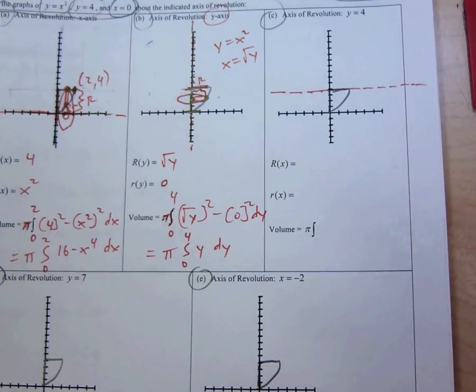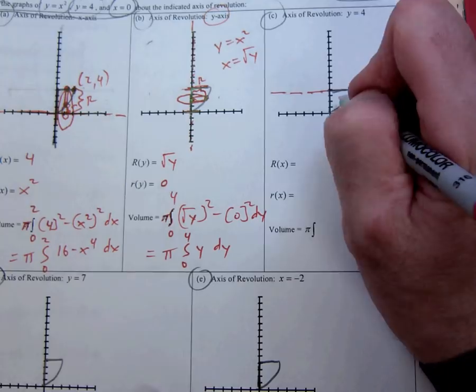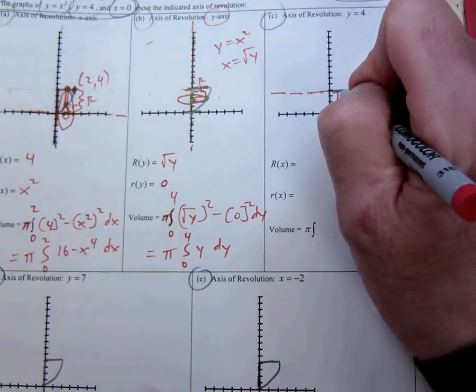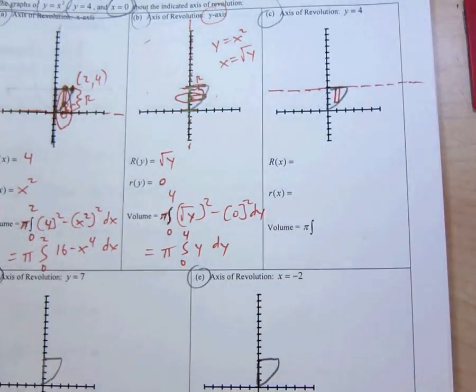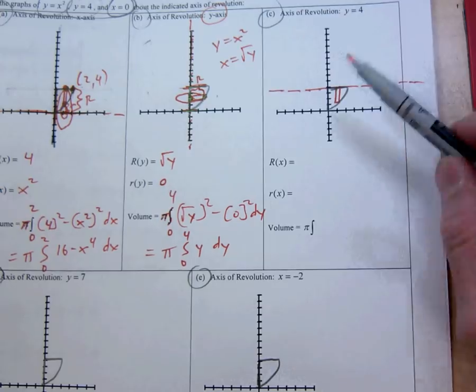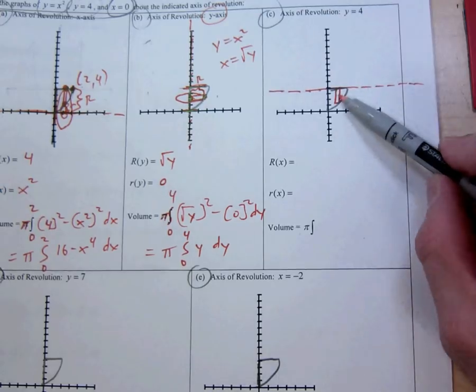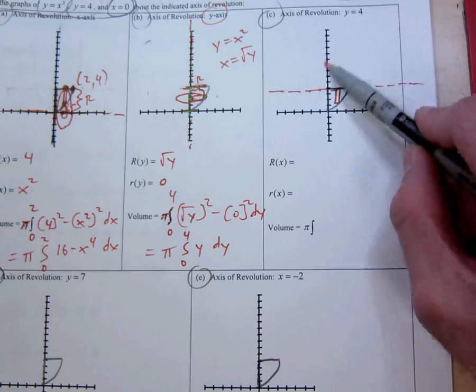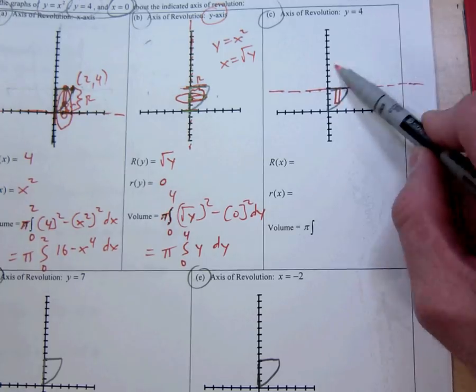Your representative rectangle. Where does it always go? Inside the region, perpendicular to your axis of revolution. So there it is. There's my rectangle drawn inside the region perpendicular to the axis of revolution. Now remember, you're rotating this region and that rectangle around way up here, around the line y equals 4.